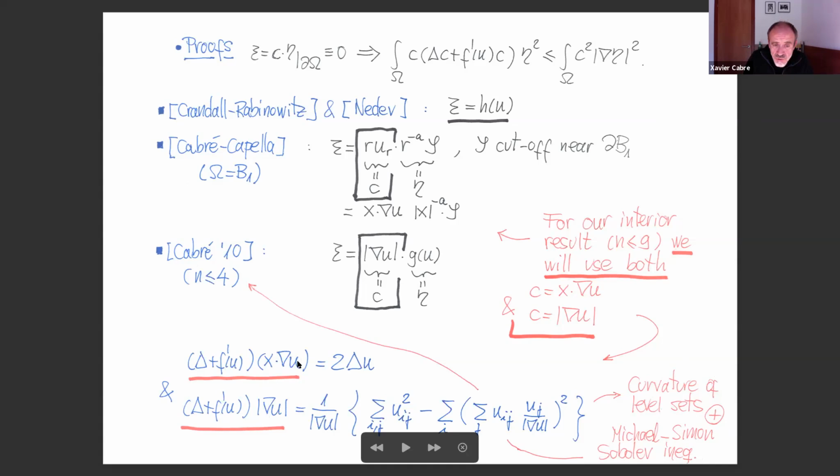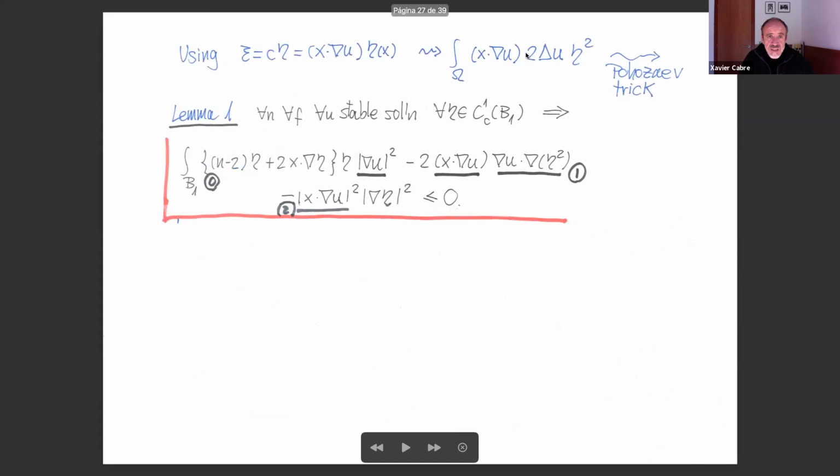But now we are going to use the first. And remember what the stability condition is here. So here I will have C, which is x grad u, times 2 times the Laplacian of u, eta square. And this is in the next slide, I think. Yes, here. X grad u, 2 Laplacian u, eta square.